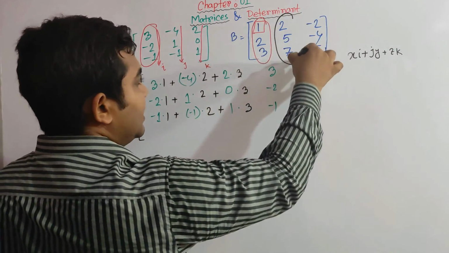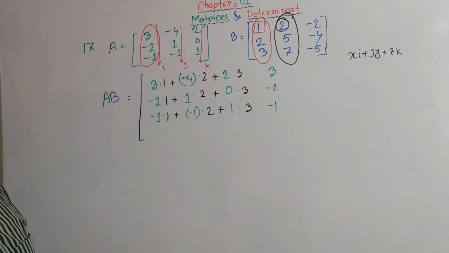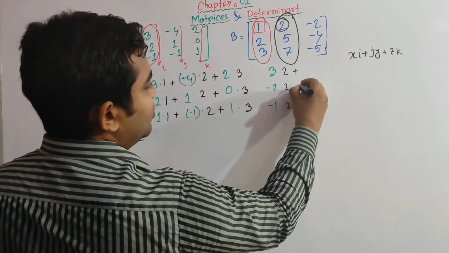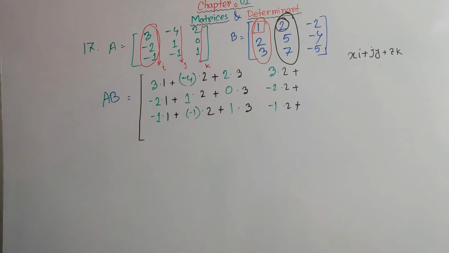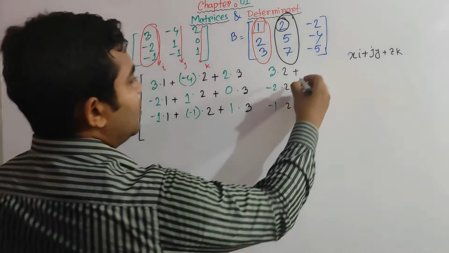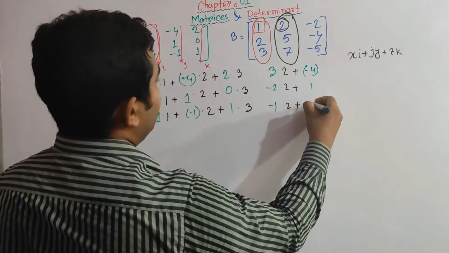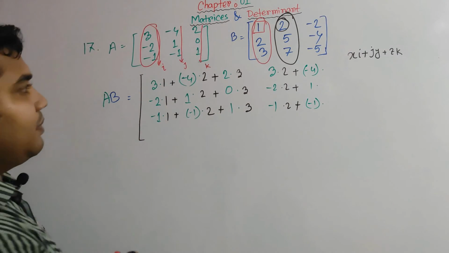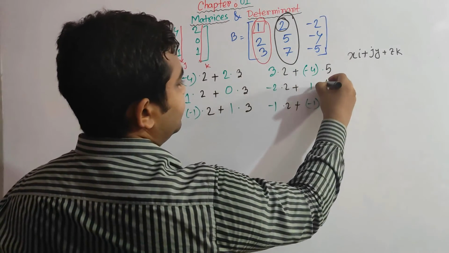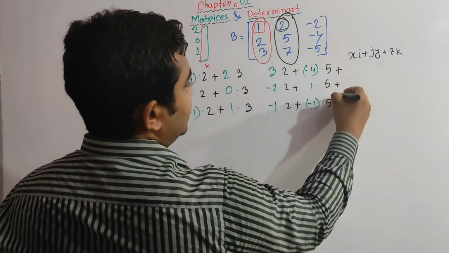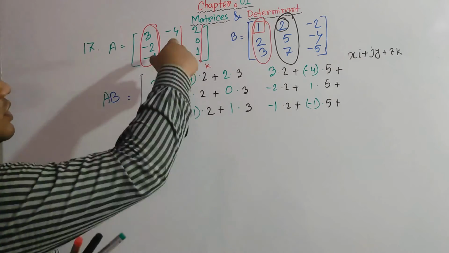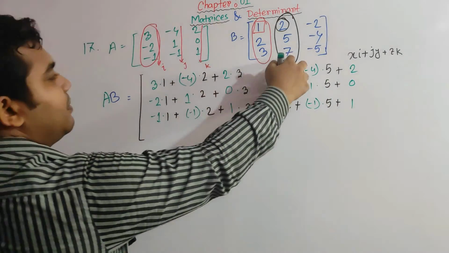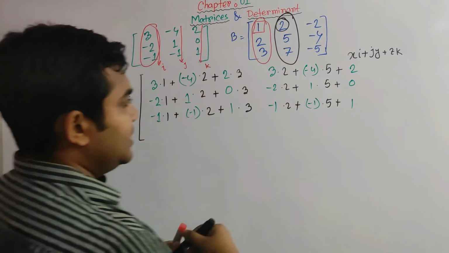Now we are going for this column, so this is the first entry, so it should multiply with 2. Plus should be here. Now minus 4, 1, minus 1 should be multiplied with 5. Now plus, so 2, 0, 1 should be multiplied with 7.